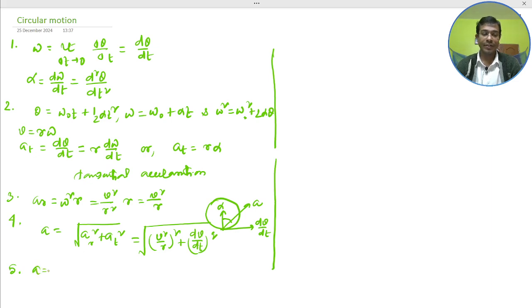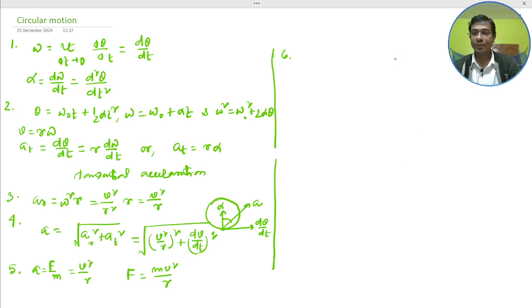Basically a is equal to F by m by Newton's law, and a is v square by r. So here F would be mv square by r. This is called the centripetal force. And the sixth one is circular turnings and banking of road.